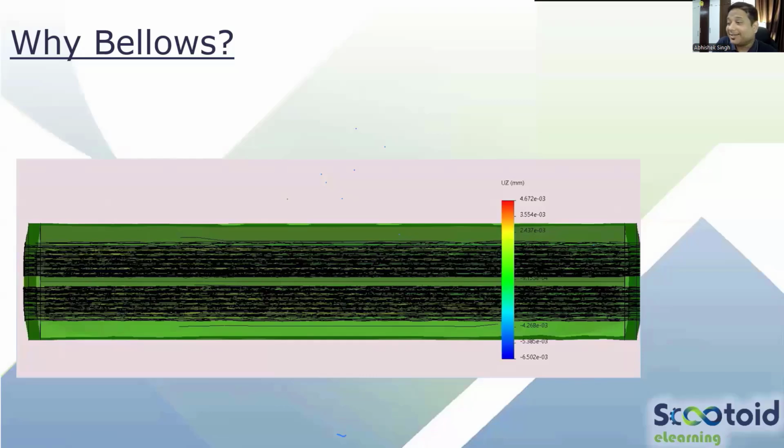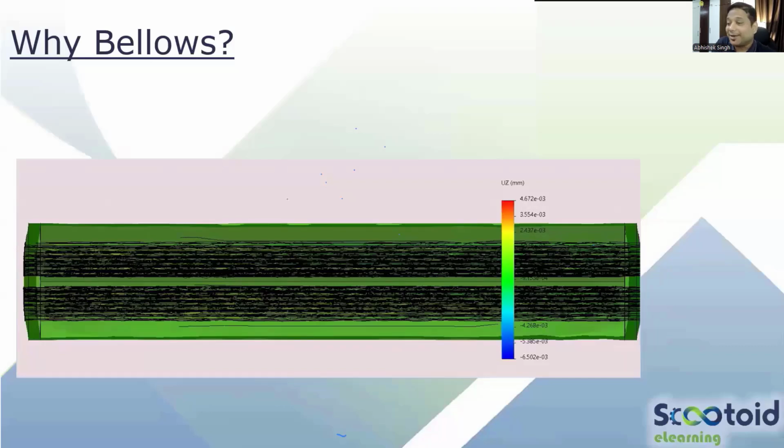You'll reach a point when you are designing a fixed tube sheet where you are not able to qualify. At that time you have to understand that I have to introduce a bellow, because thermal stresses are very tricky. You cannot tackle them by providing higher thicknesses.